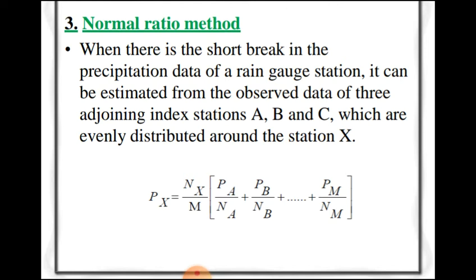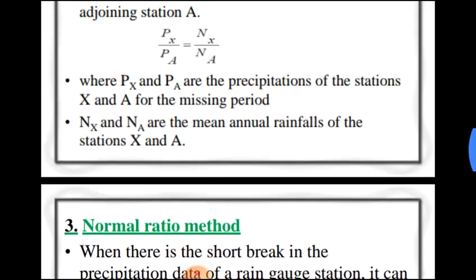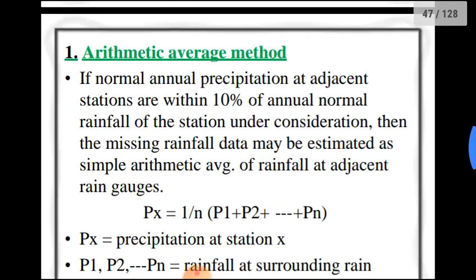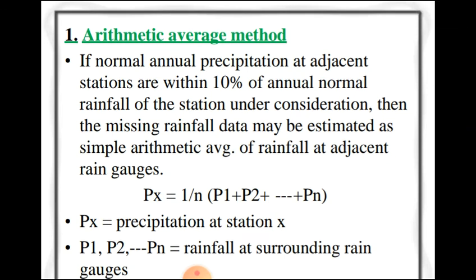The simplest one is the arithmetic mean method, where we just take the mean of precipitation values at all the stations. If you have, let's say, 8 stations, the average precipitation over that area would be the sum of all the values divided by the number of points.